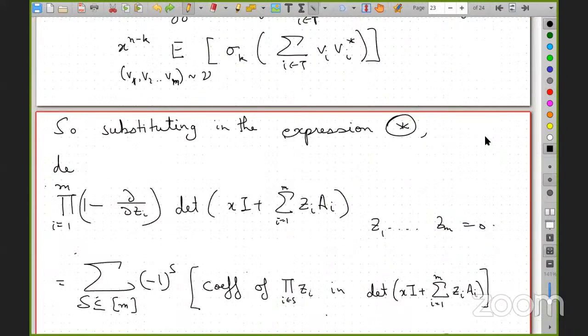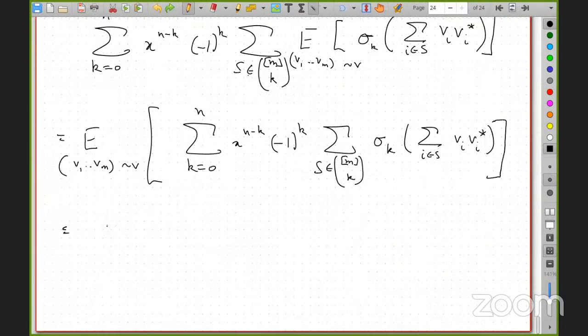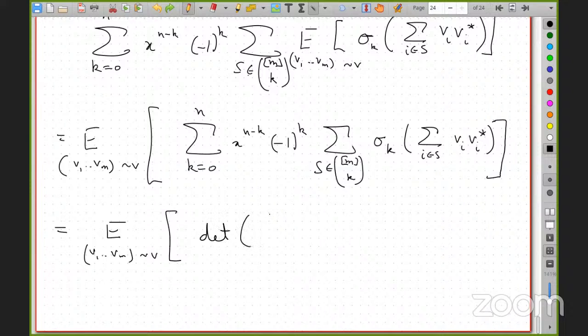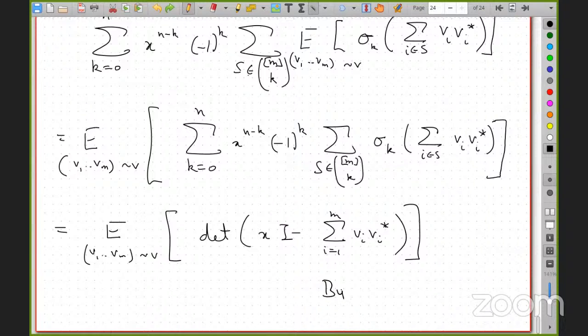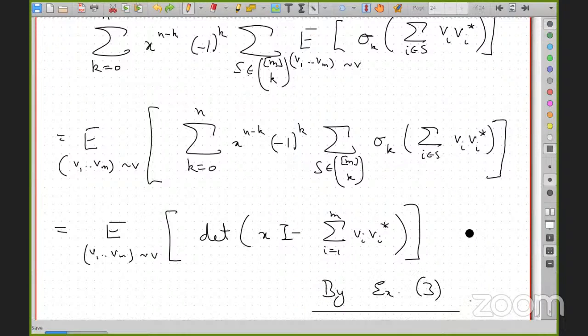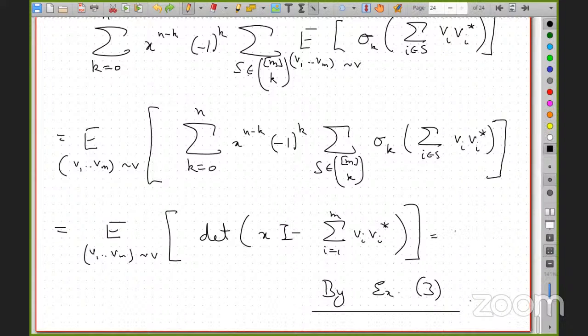So this is exactly the characteristic polynomial, the determinant of xI minus summation vi star. By exercise 3, this is exactly the expected characteristic polynomial.